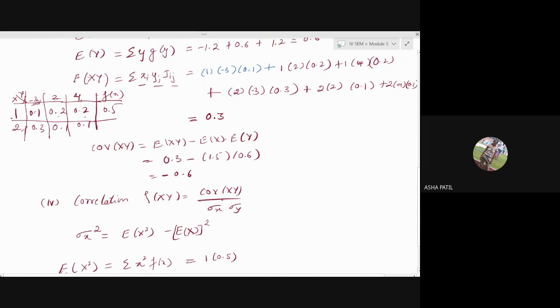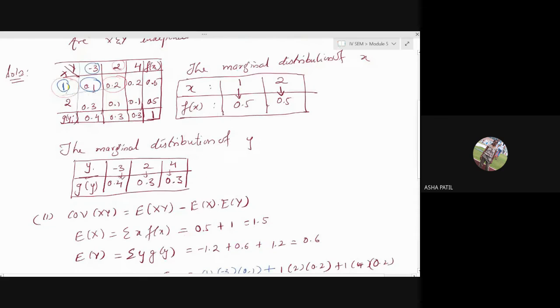Or else you go for the distribution where we have written here. X square into f of x: 1 square into 0.5 plus 2 square into again 0.5. This is what your expectation of x square will be.